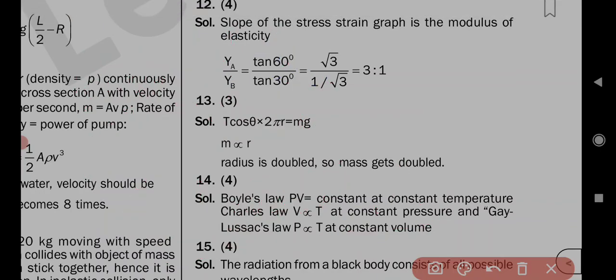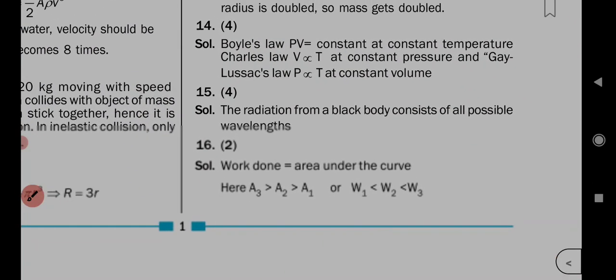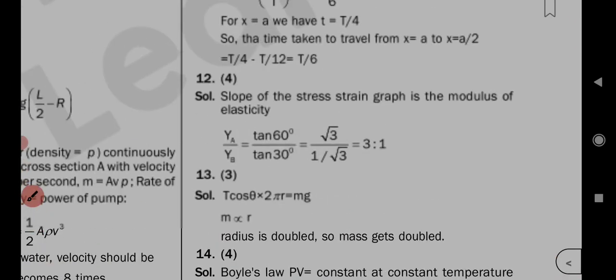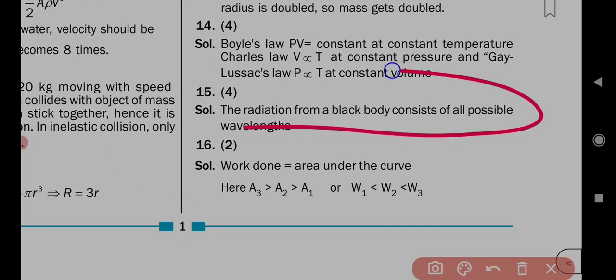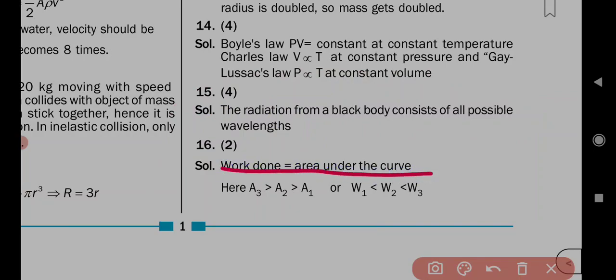There is a graph given, check it out. See what explanation they give: the radiation from a black body consists of all possible wavelengths.